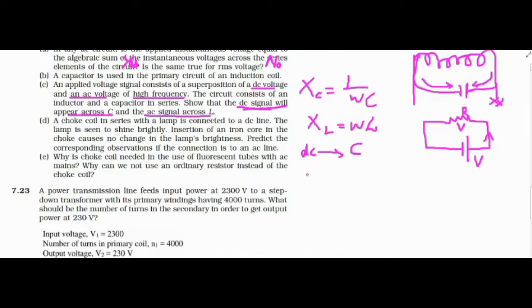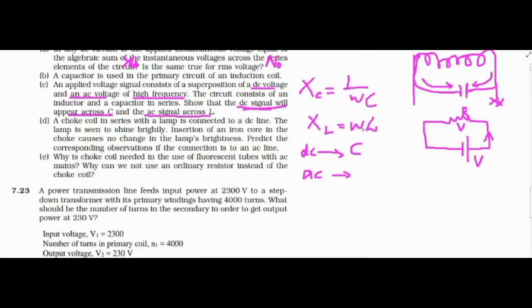Now, take the case of AC. When you take AC, you can see AC having high frequency, so the value of XC is very small, while XL is high. Capacitor is an easy path for AC. Capacitor will not give much offense against AC, while inductor is an offensive path for AC.